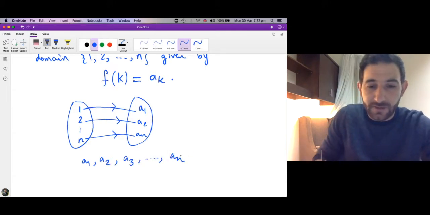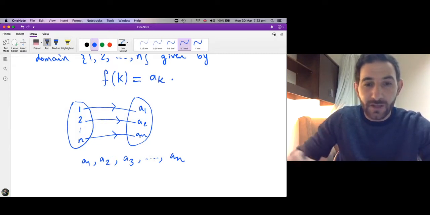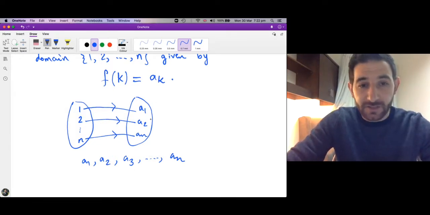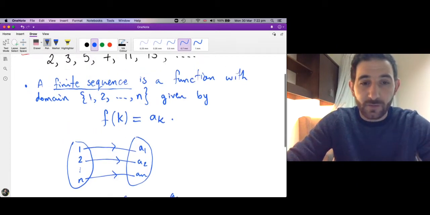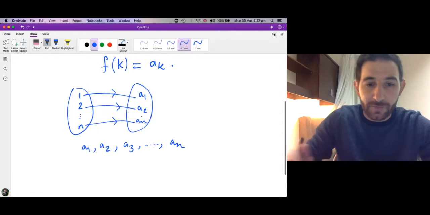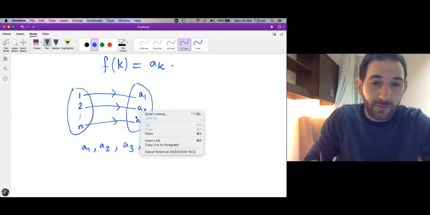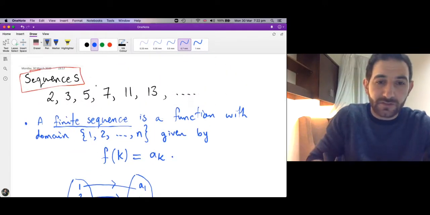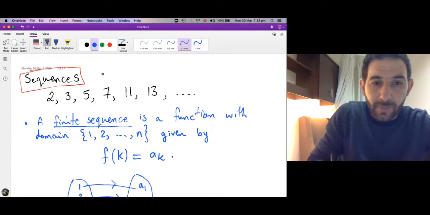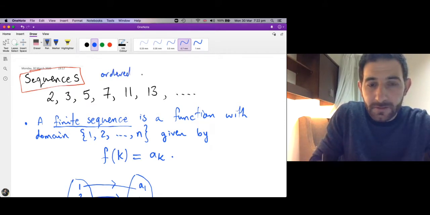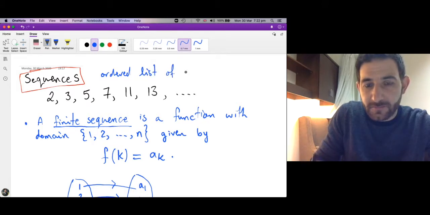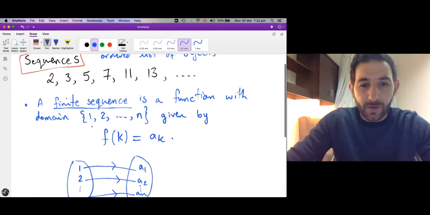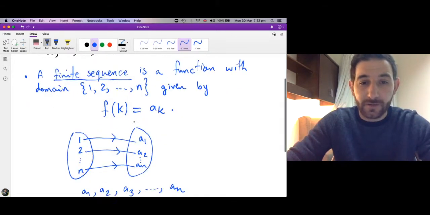So to us, the sequence is the range of a function whose domain is 1 to n. And these a1, a2 up to an could be numbers, could be people, whatever objects you are listing. We want a sequence to be an ordered list of objects. So for a finite sequence, we require the domain of our function to be the set of integers from 1 to n.